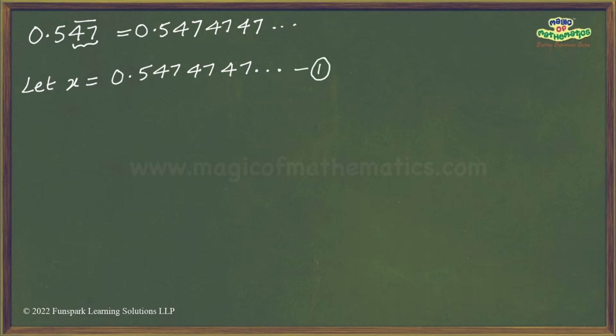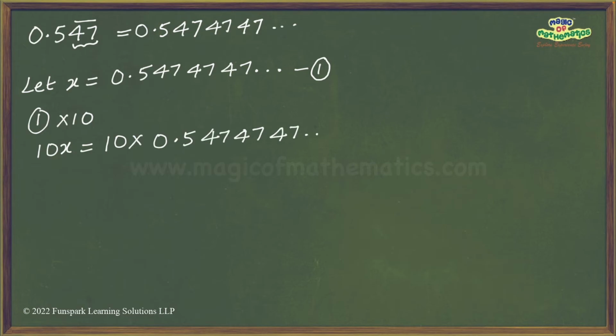Here the sequence of repeating digits doesn't occur immediately after the decimal point, and since we are familiar with cases where the sequence of repeating digits occurs immediately after the decimal point, I'll try to get the right hand side in that form. For that, I will multiply equation 1 by 10. On the left hand side we get 10x, and on the right hand side 10 times 0.5474747 and so on.